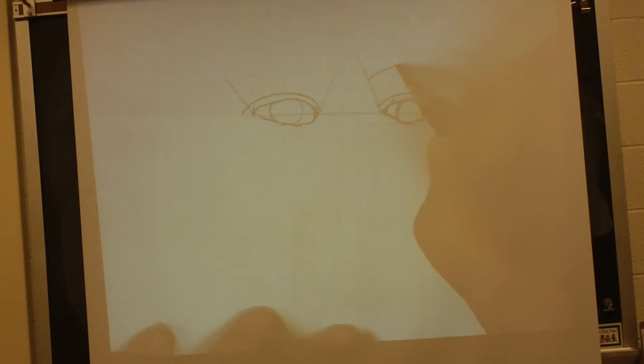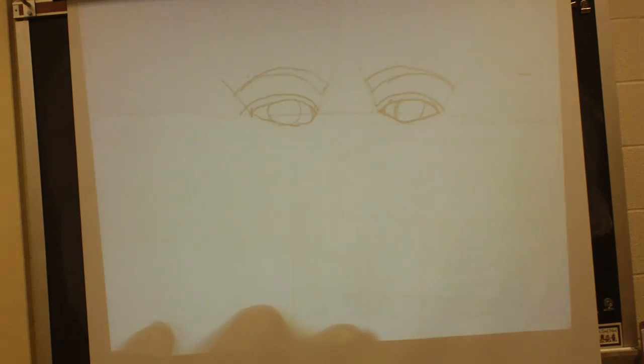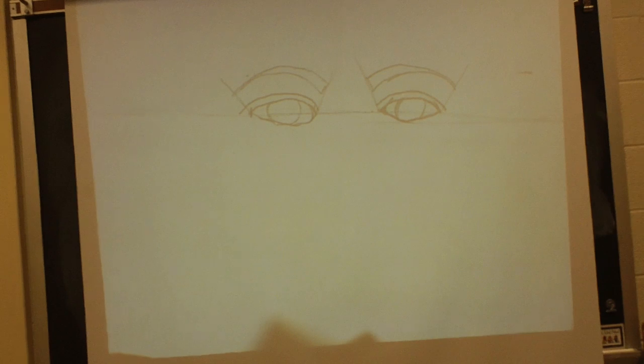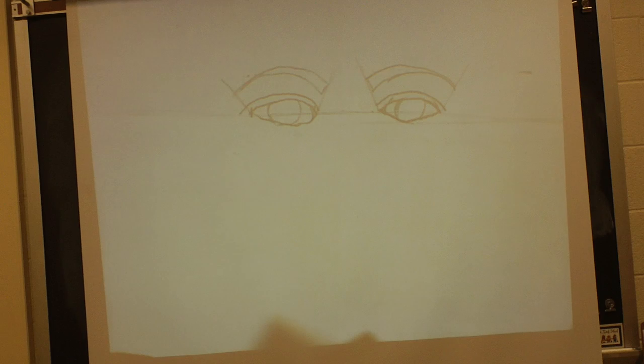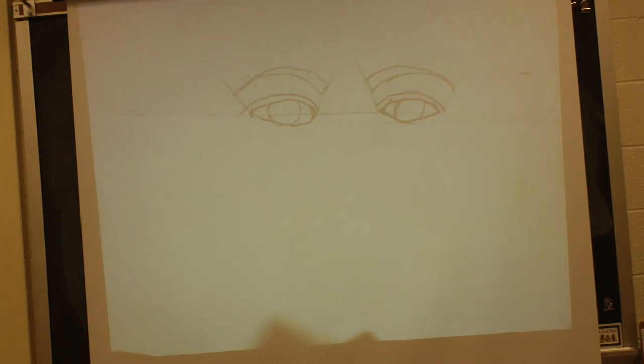Some people's eyebrows are curved. Usually your eyebrows are a little thicker toward the corner of the eye. Some people's eyebrows are just straight across. Some people have very thin eyebrows, some very thick. The purpose of the eyebrows and the eyelashes is to keep dust out of your eyes.